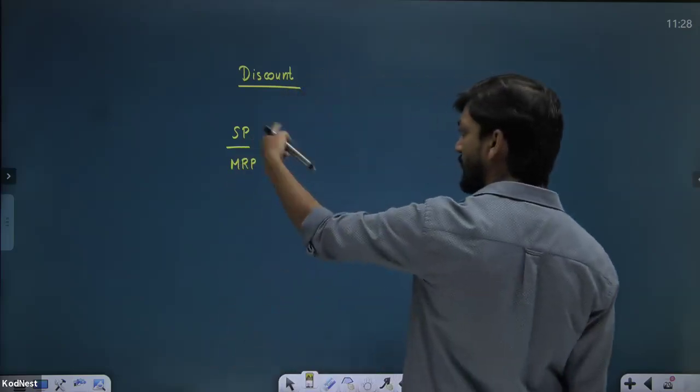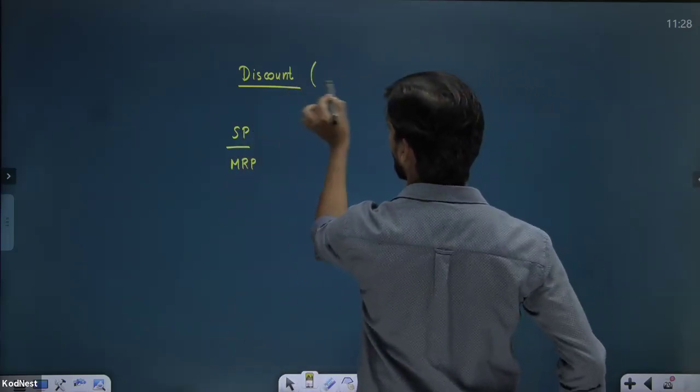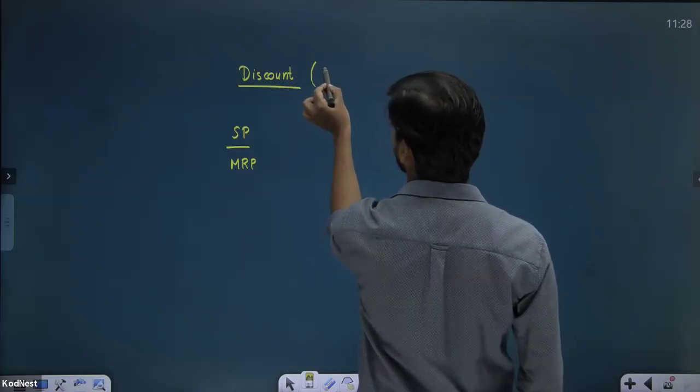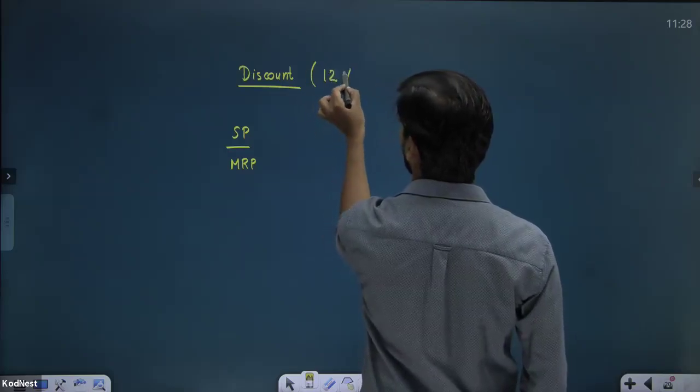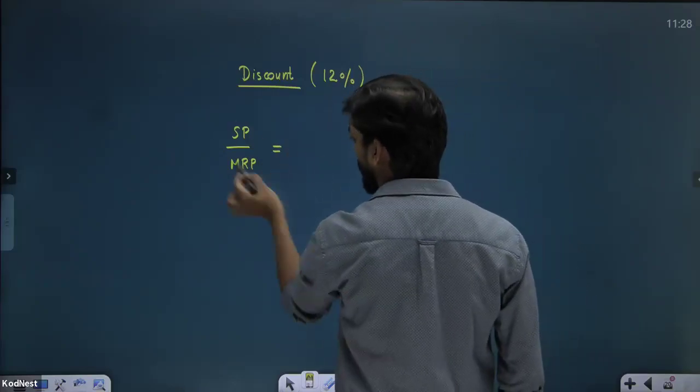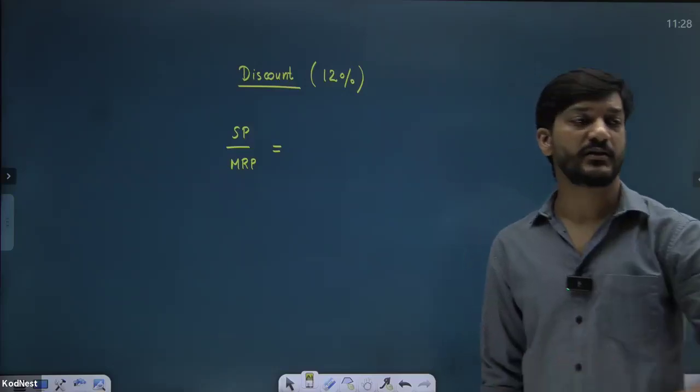So can you create this relation if I give you a percentage? Suppose I'm giving you the percentage, let's say 12%. There is a 12% discount. So what equation will you create? Please answer.